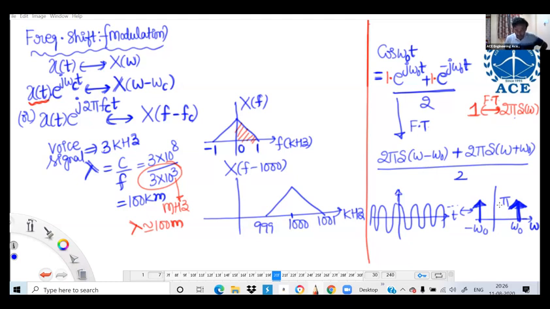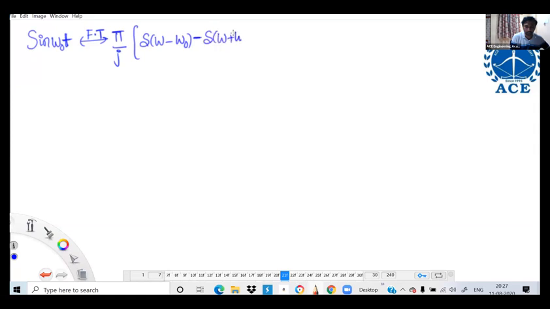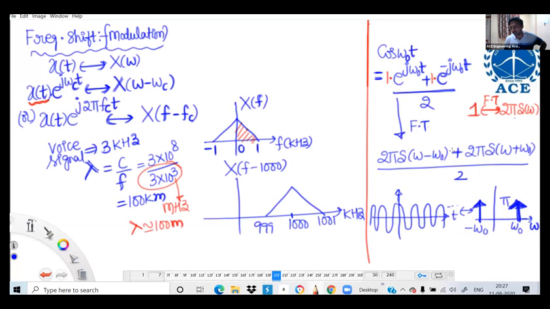In a similar way, what is the change for the sine term without solving? What is the Fourier transform of the sine term? We can say pi by j, delta(omega minus omega naught) minus delta(omega plus omega naught). The middle is minus, divided by 2j.